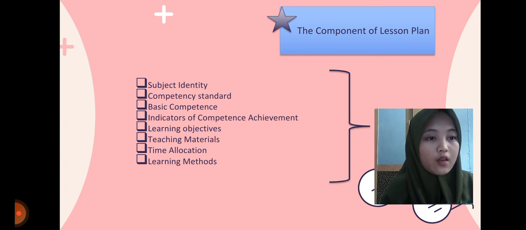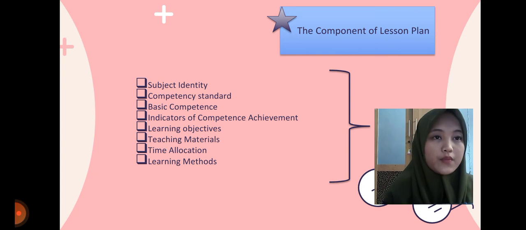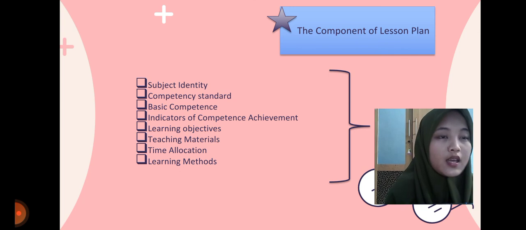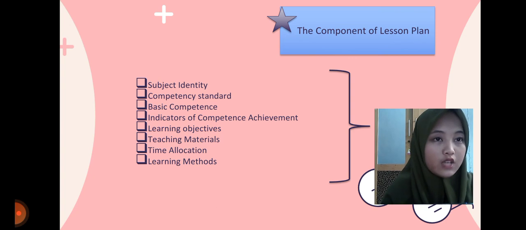And then learning objectives describes the process and learning outcomes that are expected to be achieved by students in accordance with basic competencies. And then teaching materials contains relevant facts, concepts, principles, and procedures, and is written in the form of points in accordance with the formulations of indicators of competency achievement.